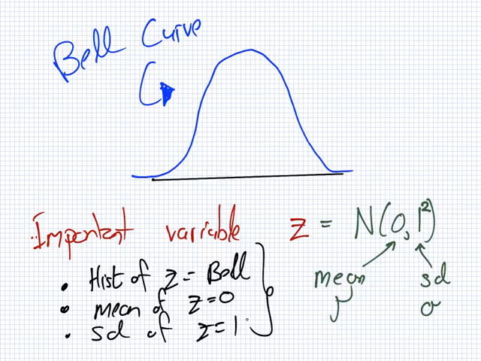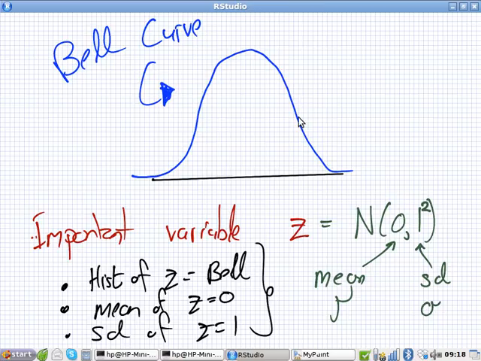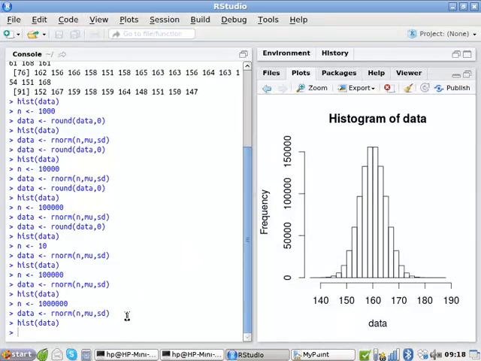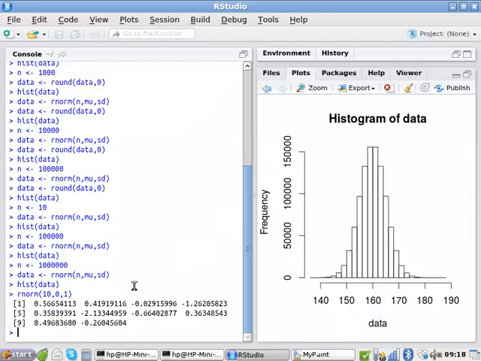You got that? Yeah? Okay, so this is what z looks like. I'll make 10 values. So here's an example of 10 values for z.